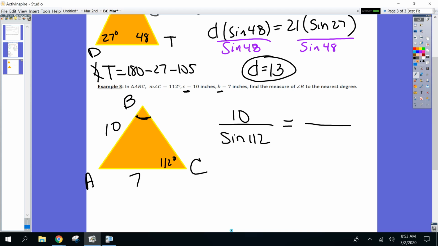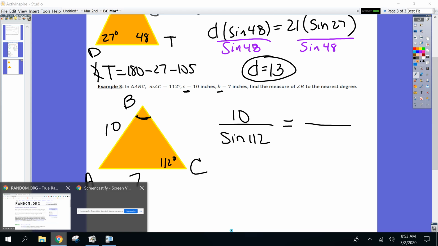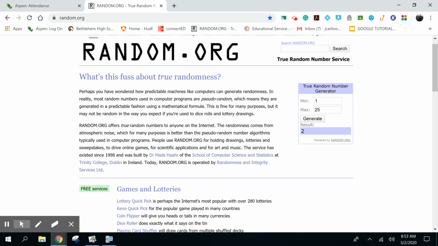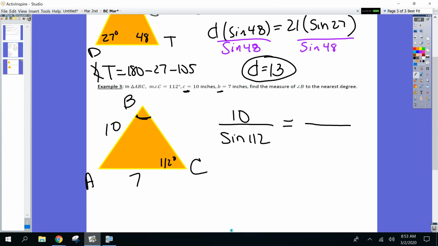Everybody good? What's the other side relationship I need to put in for the second ratio? Let's see if we got this. What's the other side I know, Dylan? 7.